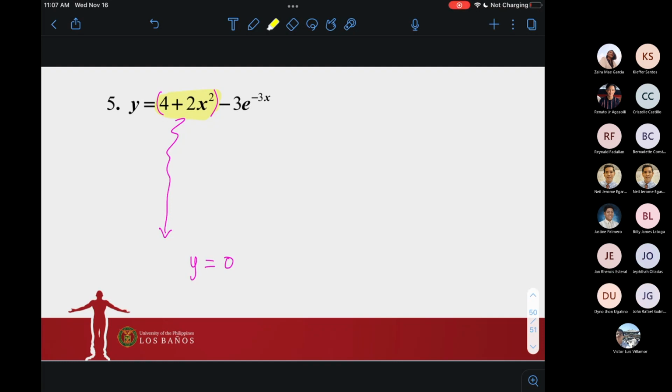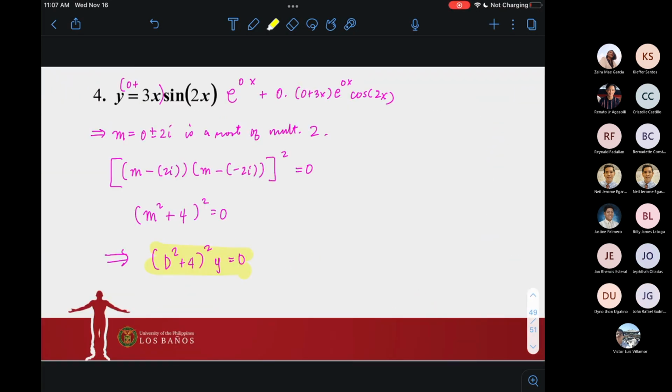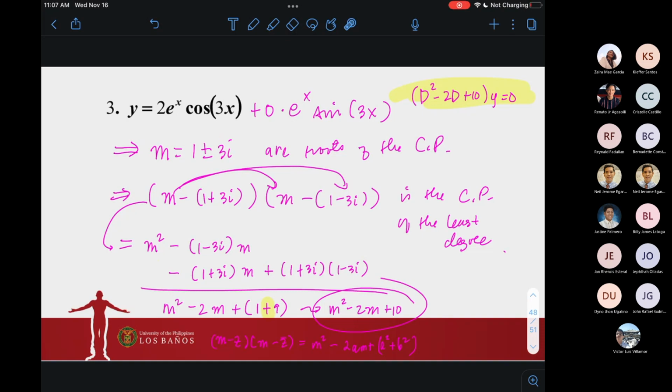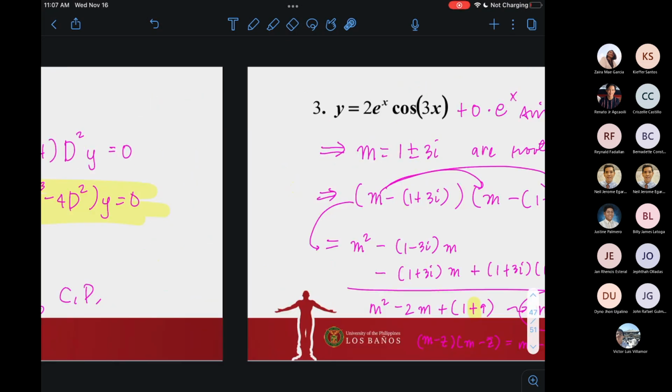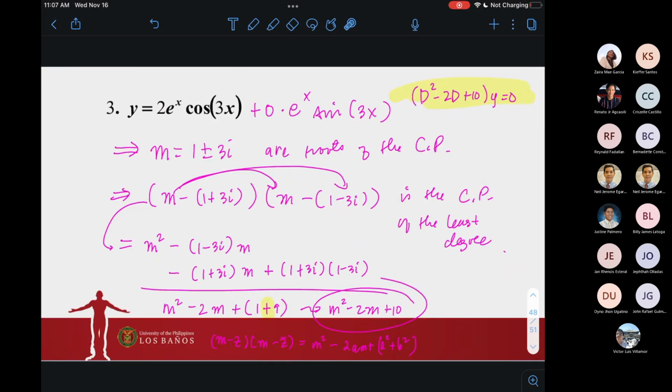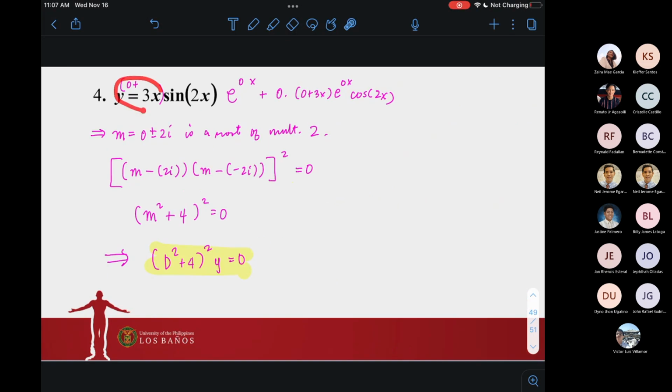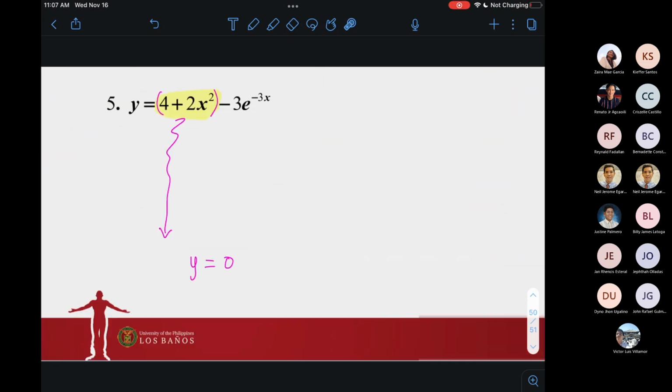Kakaiba to dun sa kanina, balikan ko lang, kasi dun sa kanina, naka-multiply si 3x dun sa sine. Dito rin, sorry, yeah. Wala na palang ibang example, no? So, but essentially, you have the linear function multiplied to sine. Dito naman, meron kang quadratic pero naka-add sa exponential.